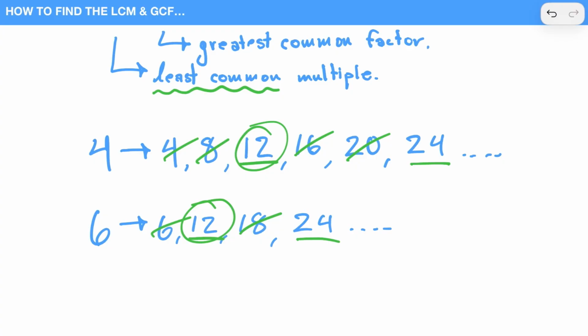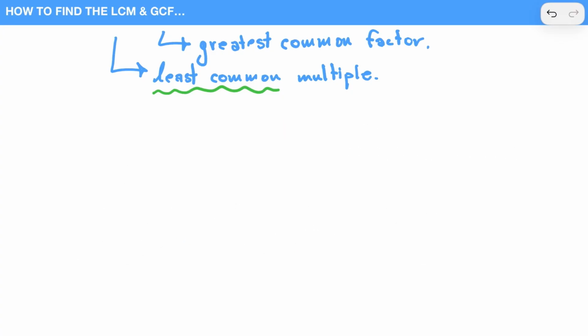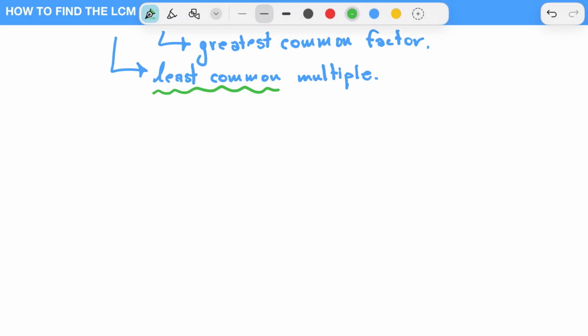I'm going to show you a cheat way though, okay? The cheat way is actually a little bit of a formula, and you can go ahead and steal this. This is actually really well known by math people.